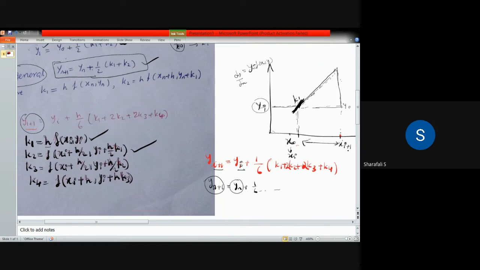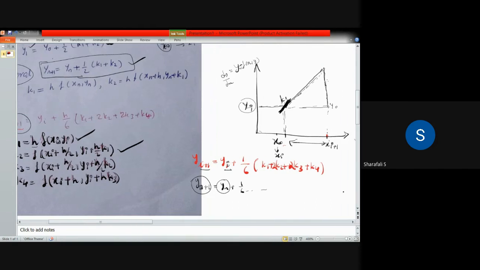So we have to find out the slope first, and the slope has to be calculated at the point xi plus h by 2. So xi plus h by 2 is the midpoint in between xi and xi plus 1.